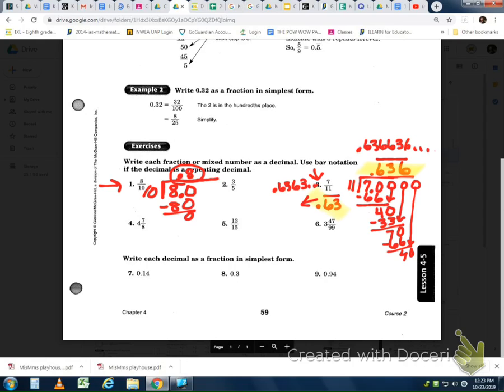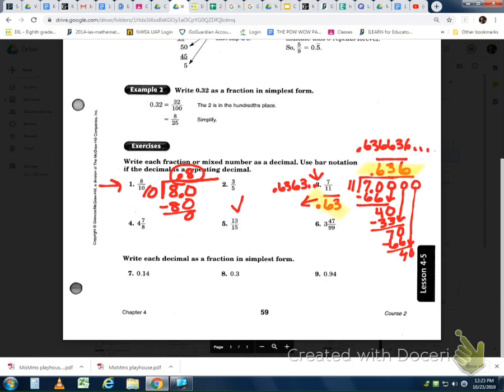Well, what's the difference? What about the one at the top? 2 6s. There's 2 6s in a row, so that's a mistake. That's not really what we mean. So be careful when you write the division or the repeating bar. Make sure it goes over just the actual numbers that repeat.